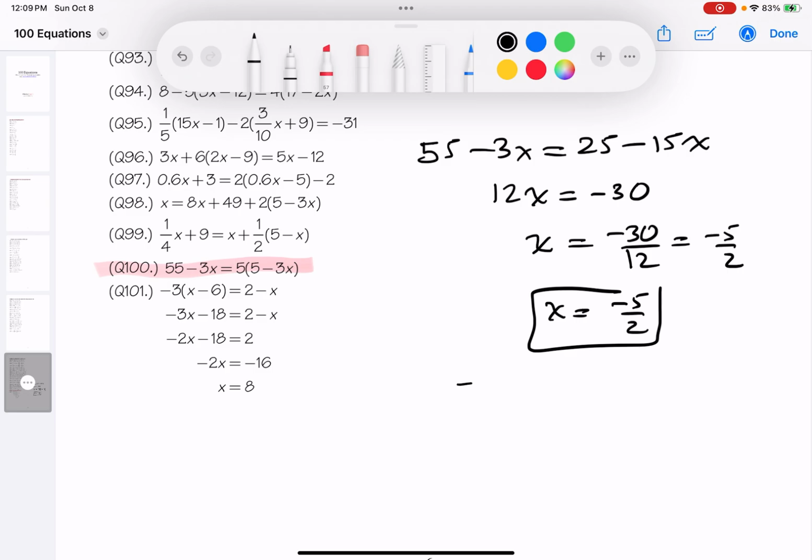I'm going to check it. 55 plus 15 halves equals 5 plus 15 halves. Let's keep going. Let's see what I did here. 55 in terms of halves is 110.